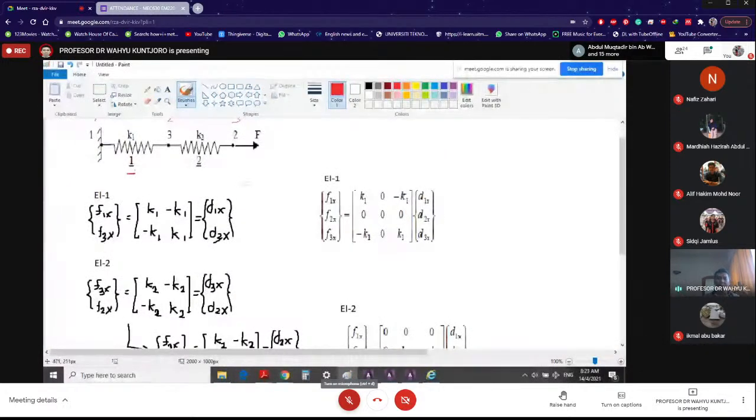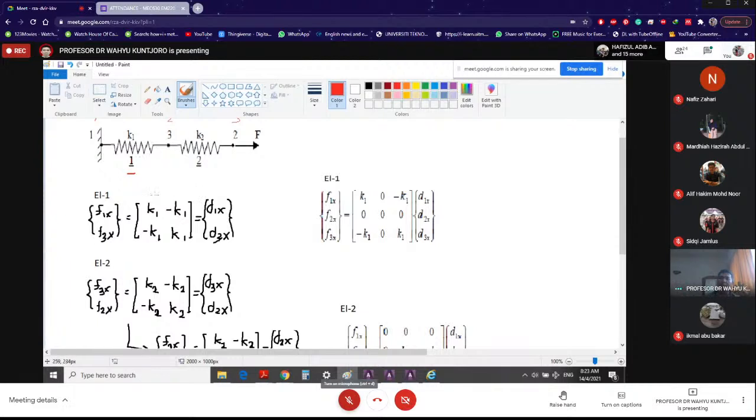If you look at element number one, the nodes are node 1 and node 3. Because of that, the force and displacement matrices are going to be given the numbers 1 and 3, also D1 and D3, because those are the nodes for this element.